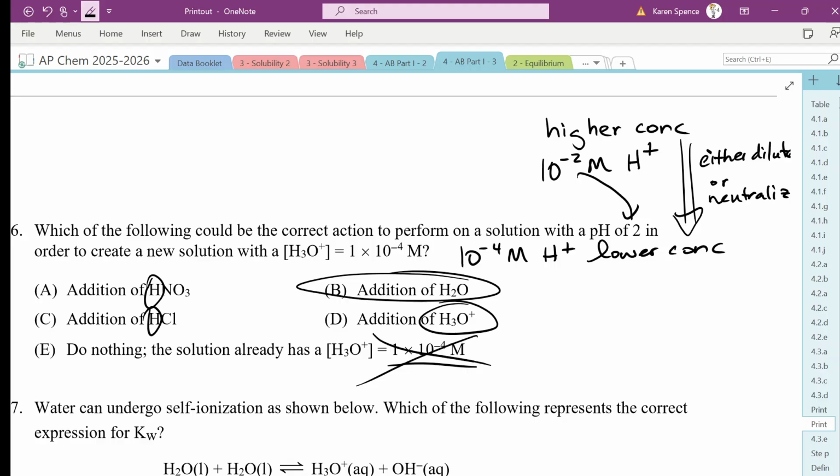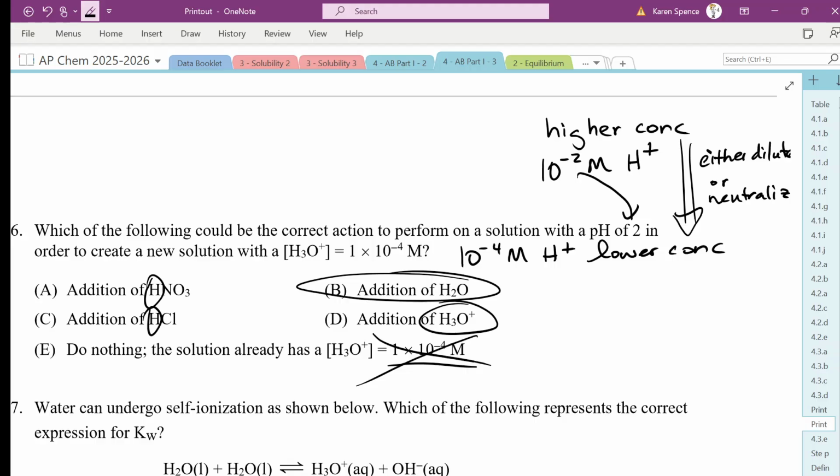Anything else? Alrighty. Anything else? No?